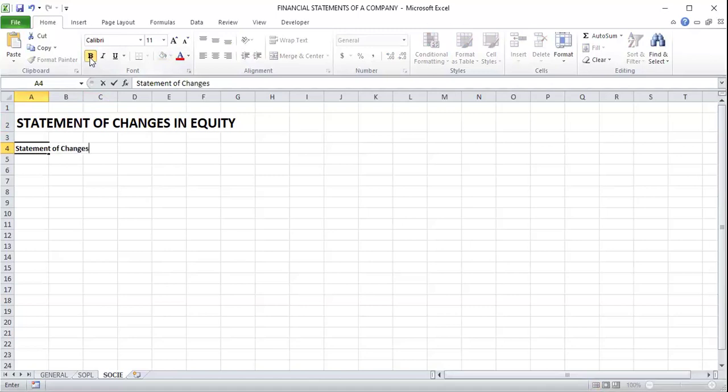Changes in equity of Eugenius Limited for the year ended. So it's for the year. Right. Let's say 31 December 2023.